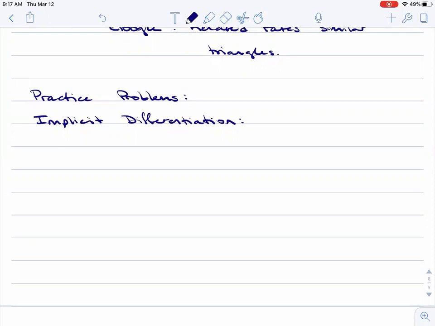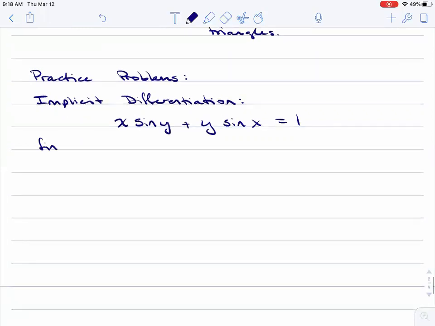Should we do just, we can do both. I think, hopefully, we got time. So if we've got something like x sine y plus y sine x equals 1, find dy dx.